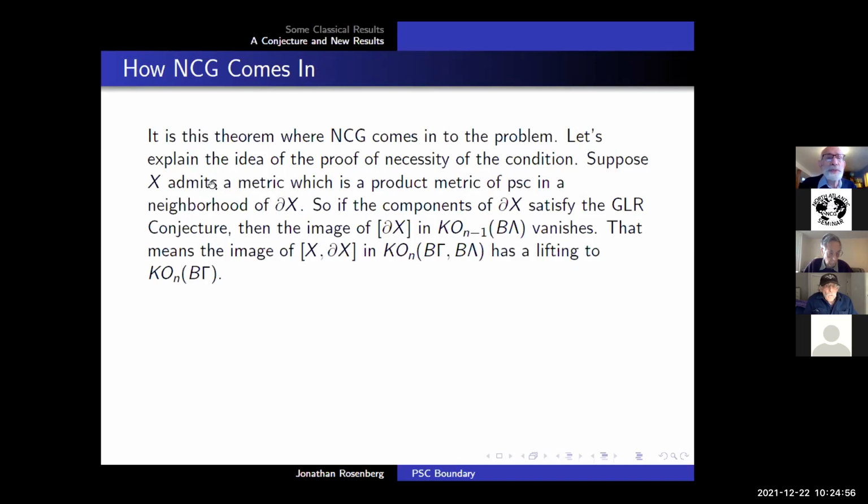All right, well, for now, we're not even going to assume that this metric has positive scalar curvature everywhere, just that it's positive scalar curvature near the boundary. Okay, so then if the components of the boundary satisfy the GLR conjecture, then the image of the fundamental class of the boundary in KO_{n-1} of B lambda has to vanish.